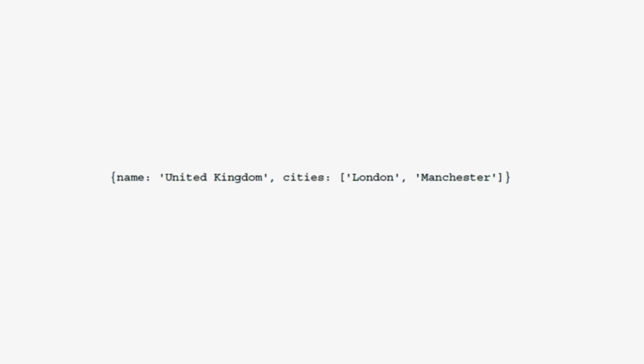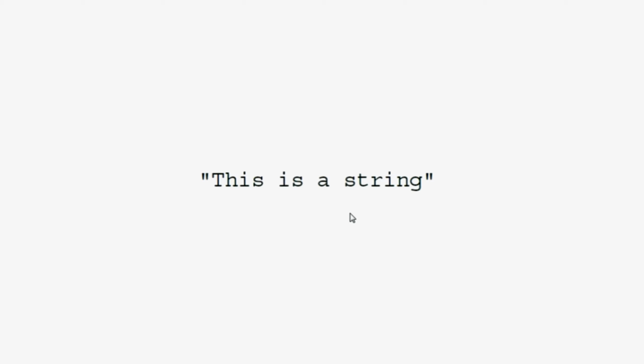JSON strings are serialized as shown in the figure, or this as shown in the slide. In general, every expression that is valid in JavaScript is also valid in JSON.